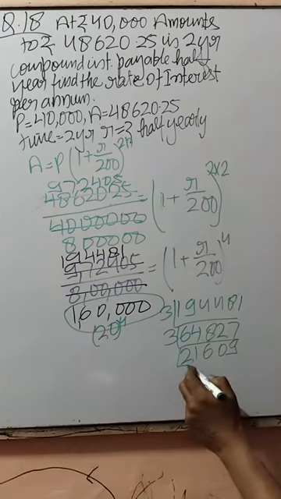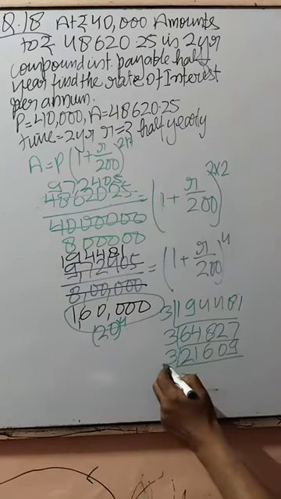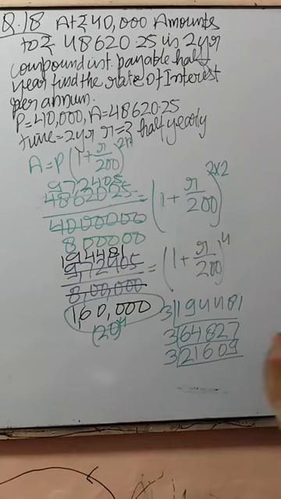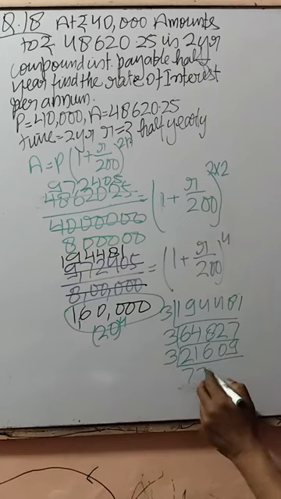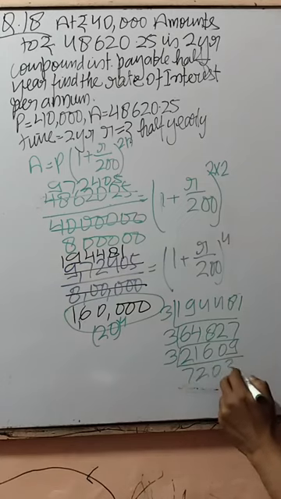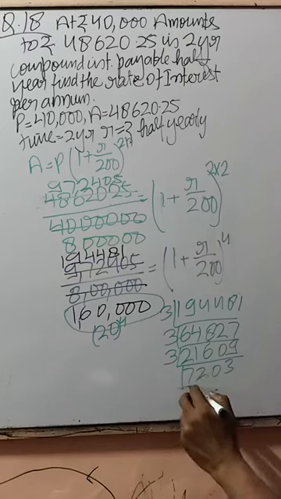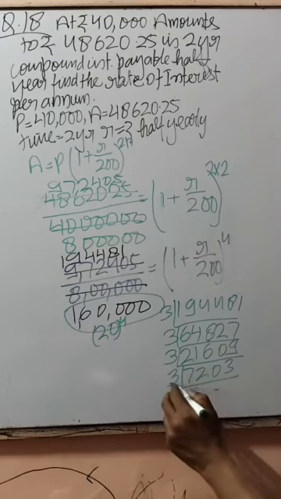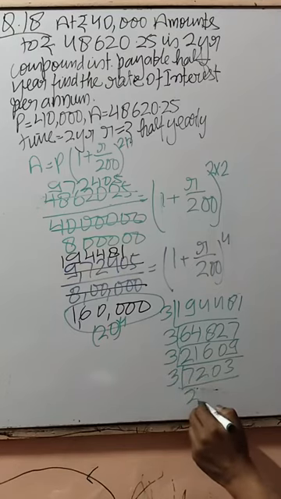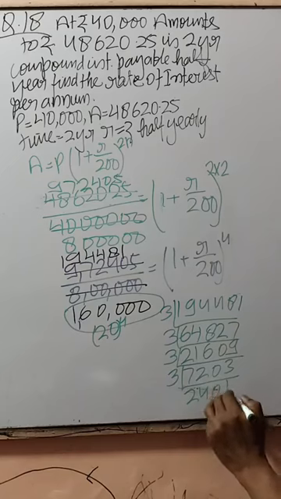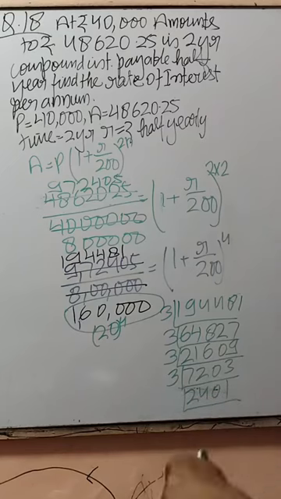Again you divide it by 3. It is how much? 7, 2, 0, 3. Again you divide it by 3. 2, 4, 0, 1. You get this? Yes, sir.